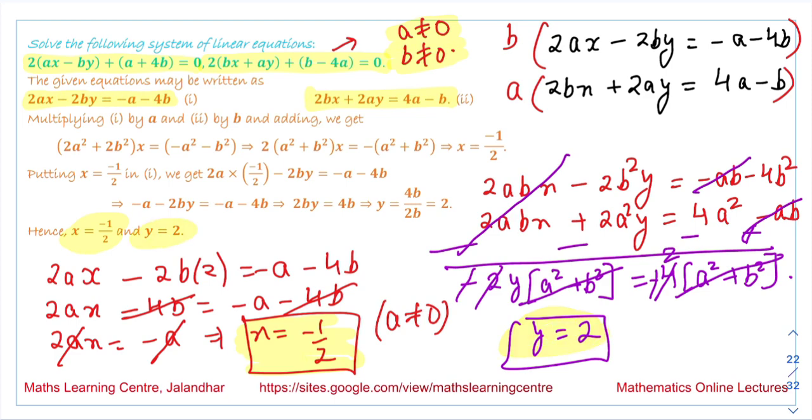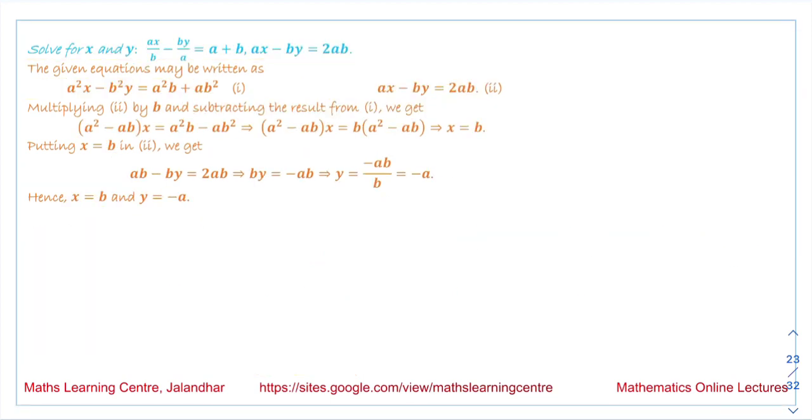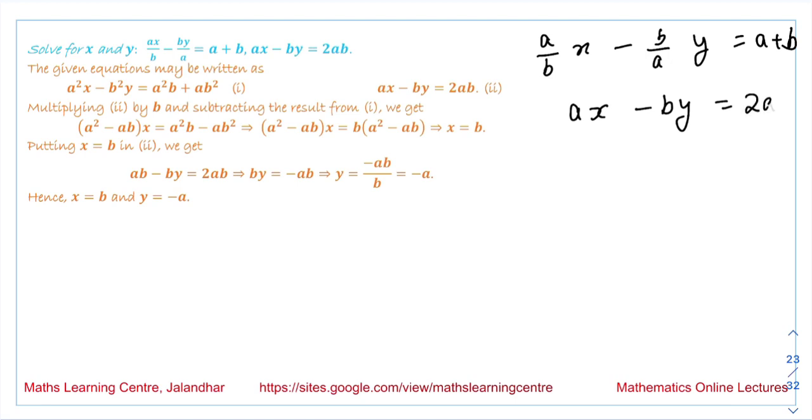Now next we have to solve this equation for x and y, and the equation we have is a by b x minus b by a y is equal to a plus b, and the second equation we have is ax minus by is equal to 2ab.